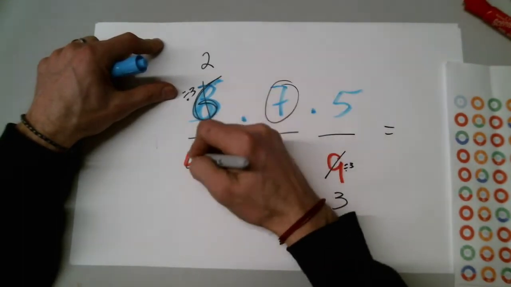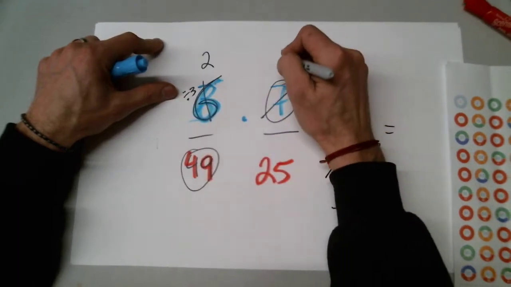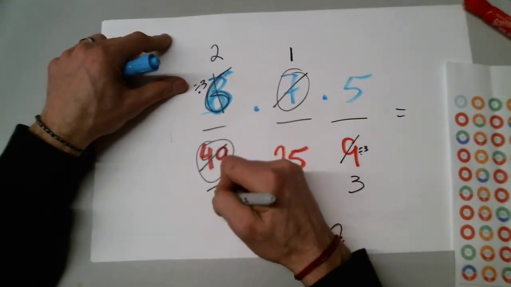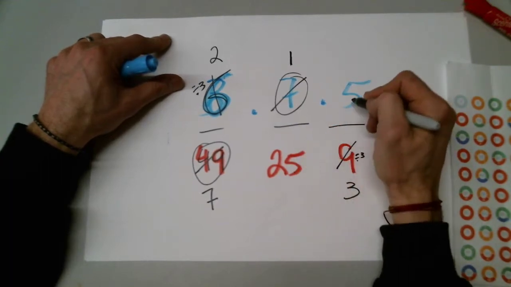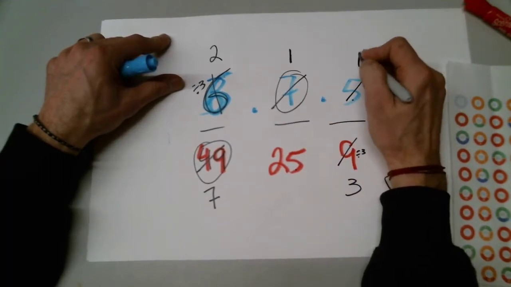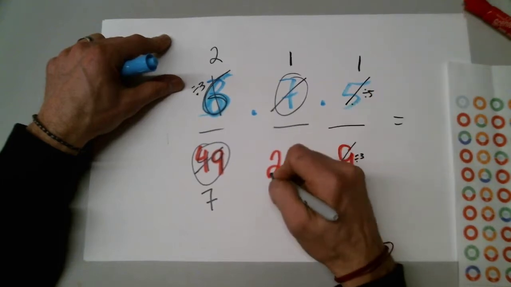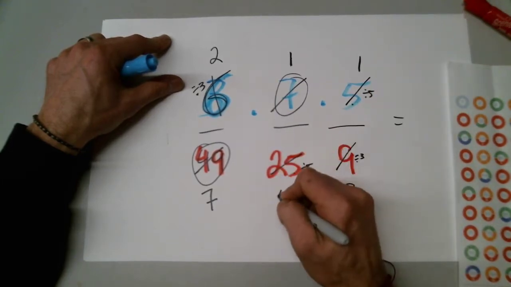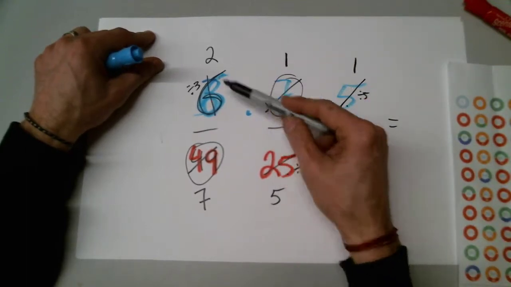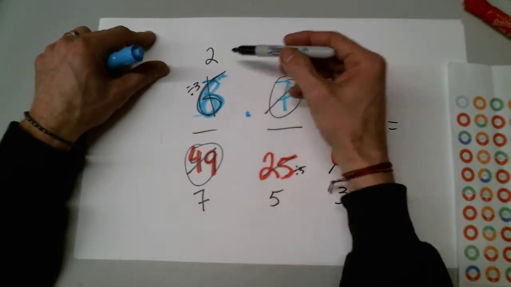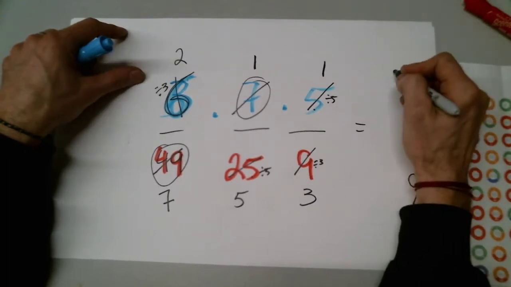Well, 7 goes into 49, 7 times. 25 is a multiple of 5, so I go 5 divided by 5 gives me 1. 25 divided by 5 gives me 5. Anything else? I got no evens down here. 2 times 1 gives me 2.